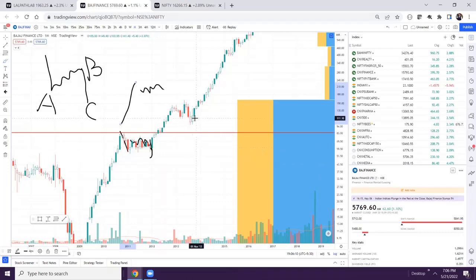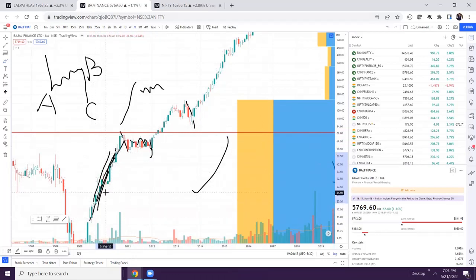If you see this part, is this slow or fast? That is fast. So in B we cannot get a fast movement like this. This movement has to be slow like this. This is the main point you have to focus on.